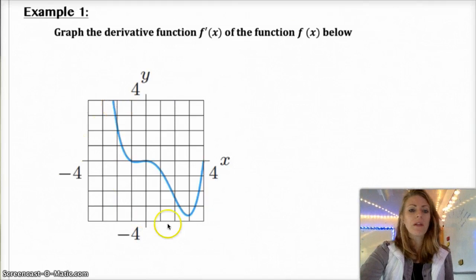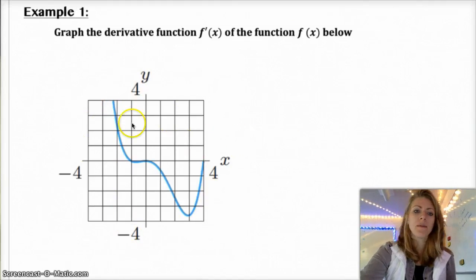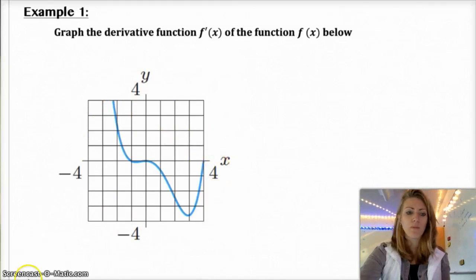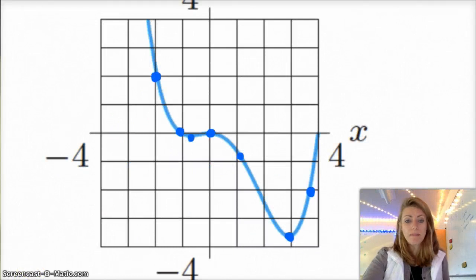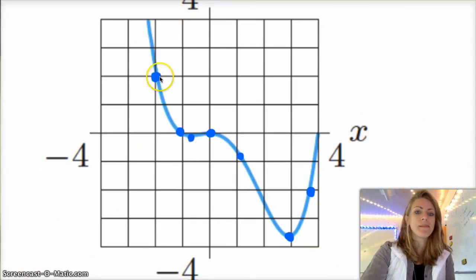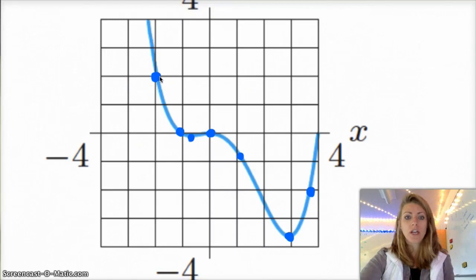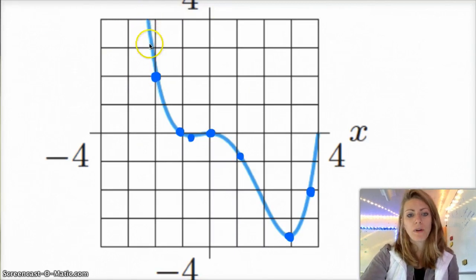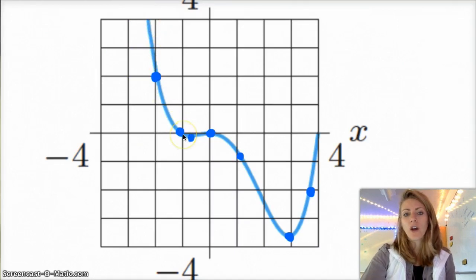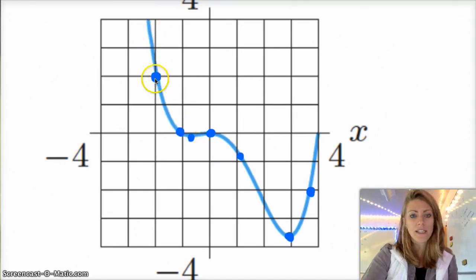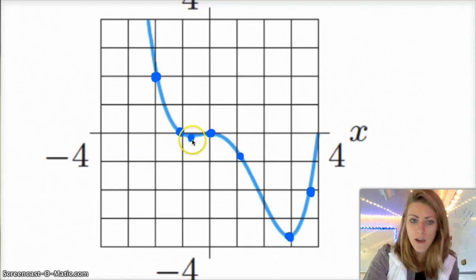So let's look at this graph first. Step one is you pick a few points. These are the points I picked because I wanted to see where things change. I can tell that the slope from here to here-ish is negative. So I want to get an approximate slope there and an approximate slope here, because that's where it changes.